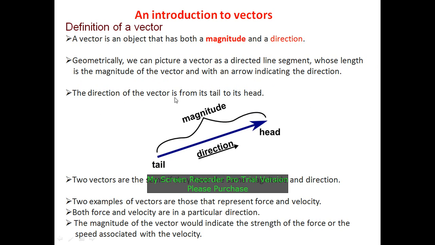So the direction of the vector is from its tail to its head. This is the tail, this is the head, the direction of the vector is indicated here, and the length of this vector is the magnitude of that vector.